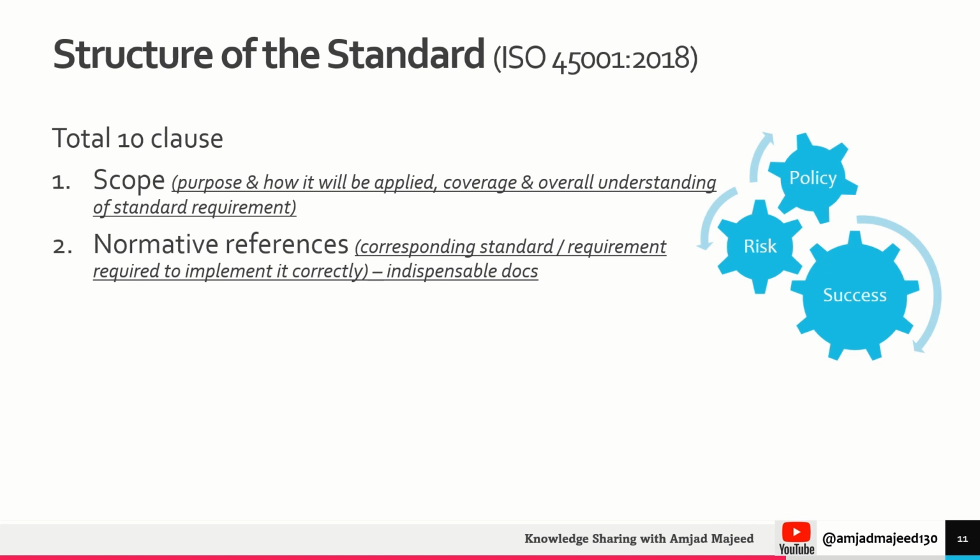The next clause is the normative references. This refers to those standards or guidelines which you have to refer to and read if you have to implement ISO 45001. Okay, so we normally say that these are the indispensable documents, meaning without those references or documents, we cannot implement this standard.